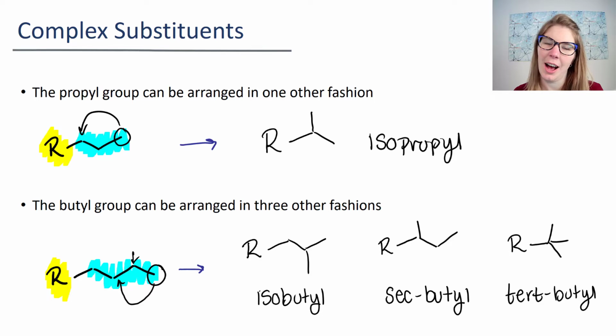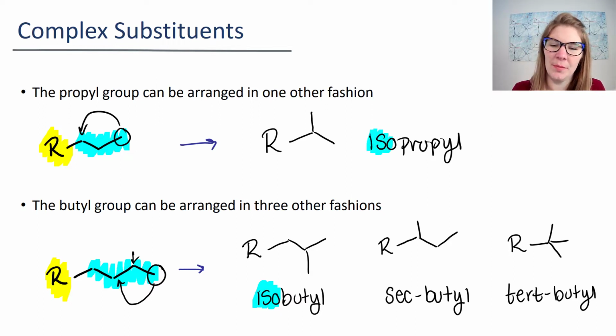At this point, students will ask about alphabetical order, because when we take our names and put the whole thing together, we list the substituents in alphabetical order. But it gets a little tricky right here because the iso is technically part of the name of that substituent, so it counts for alphabetical order.